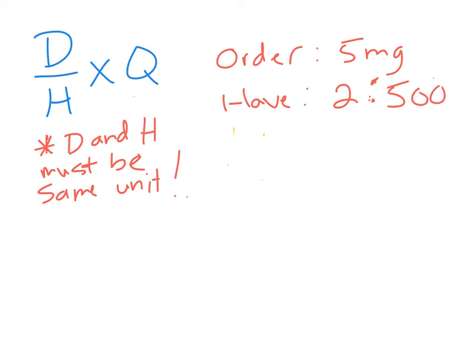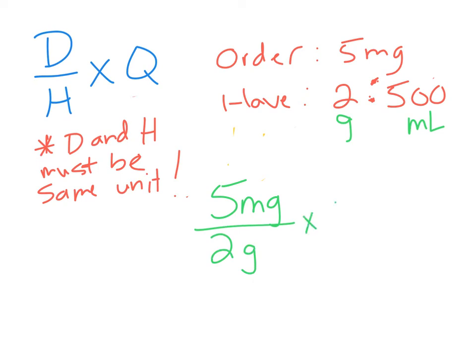In terms of a solution, once again remember that means we have this many grams, so 2 in this case, per the second number of milliliters, so in this case 500. So filling out our D, H, and Q formula here, our order dose would be 5 milligrams. Our H, the dose that we have on hand, is 2 grams, and our quantity is 500 milliliters. Like I said, 2 to 500 is just a shorter way of saying that we have 2 grams per 500 milliliters.